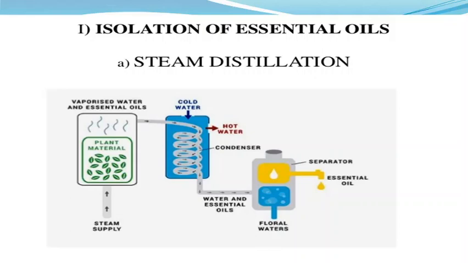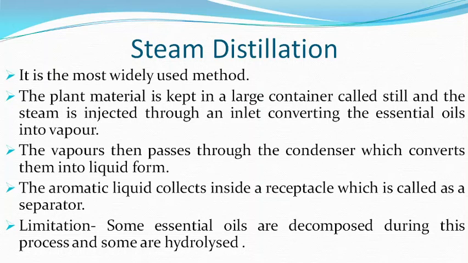This is the separator. Because water and oil do not mix, the essential oil floats on top of the water. From here it is siphoned off. The limitation of this process is that some essential oils are decomposed during this process and some are hydrolyzed.